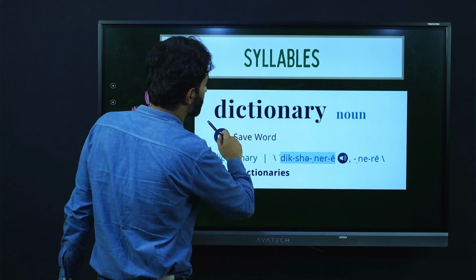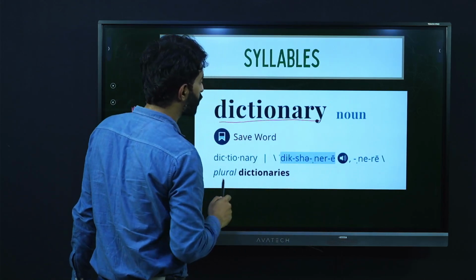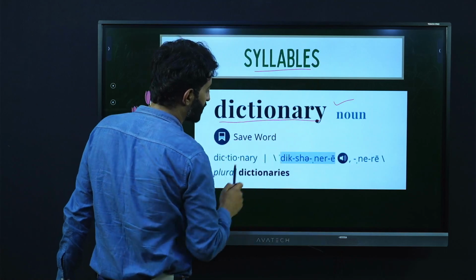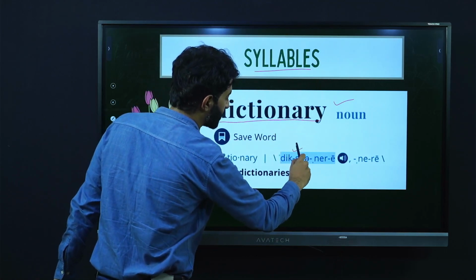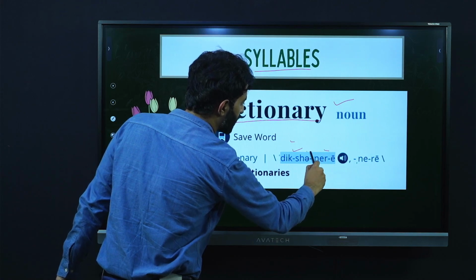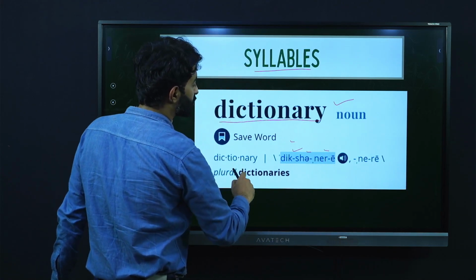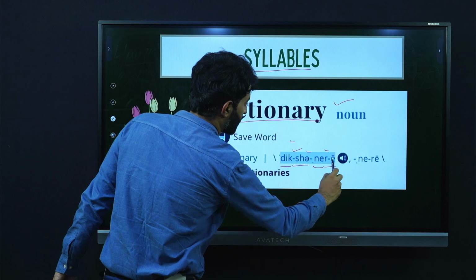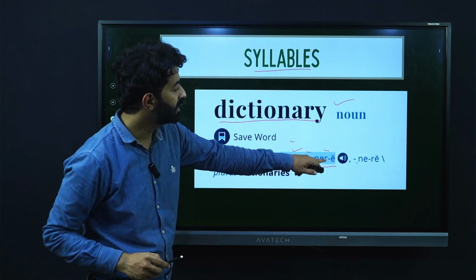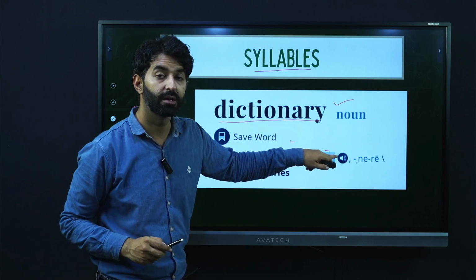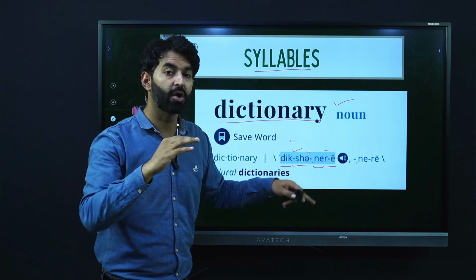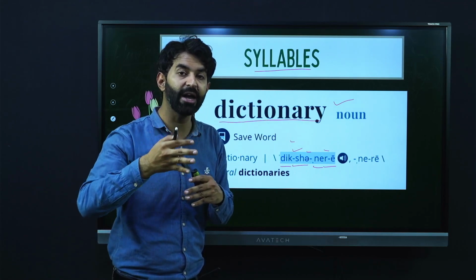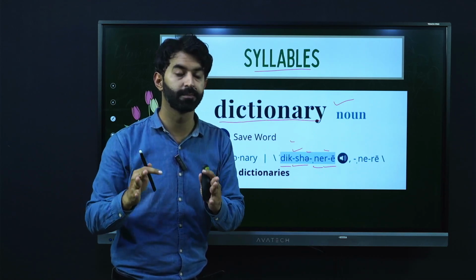So let's take the word dictionary itself, which is a noun, and it is divided into different syllables with these little dashes over here. You will pronounce dictionary by syllables, and you can see that the E over here has a longer dash over it. So it gives you the idea that you have to prolong the sound.